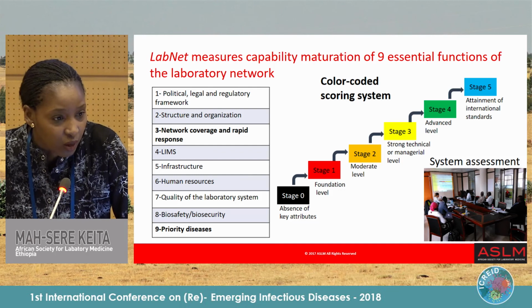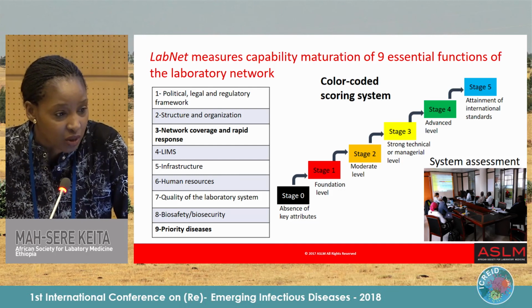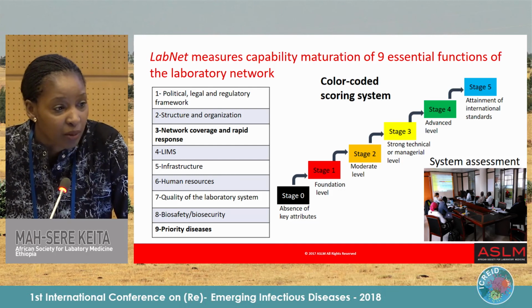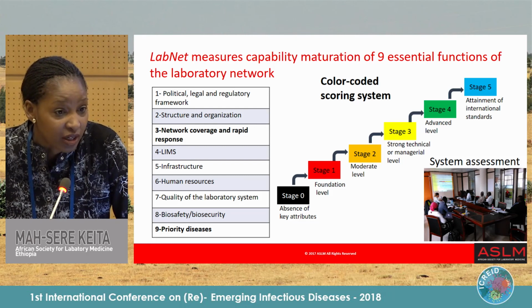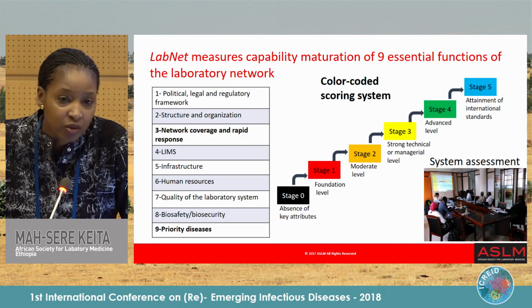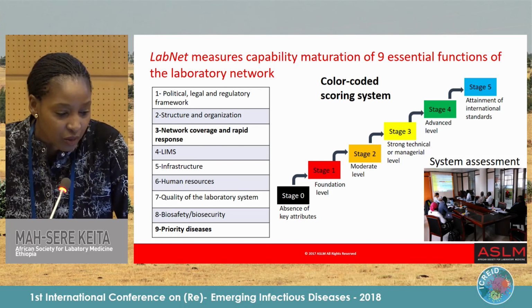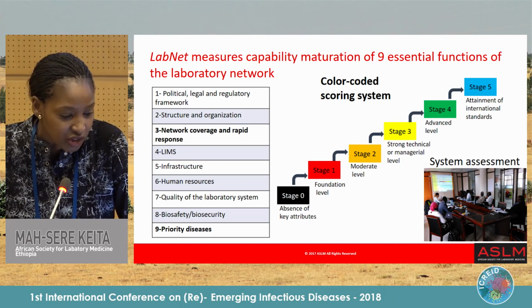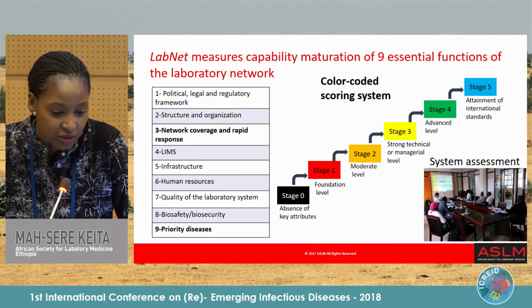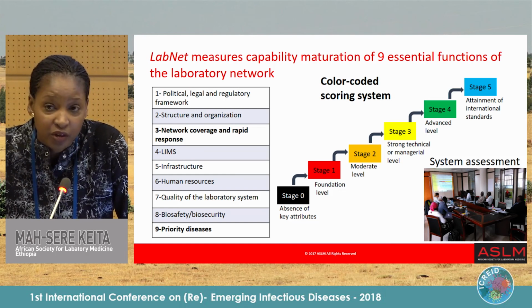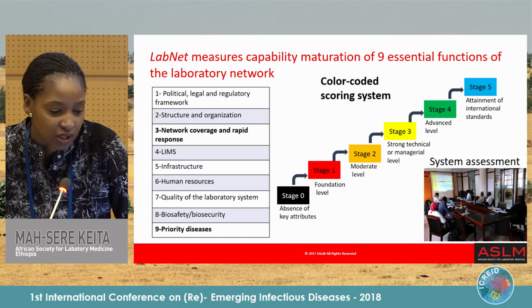They've identified what their priority diseases are, and so we use the tool to determine whether the laboratory network is capable of responding to those priority diseases. And then we've developed a color-coded scoring system from stage 0, which is in black, all the way to stage 5, where there's been attainment of international standards.